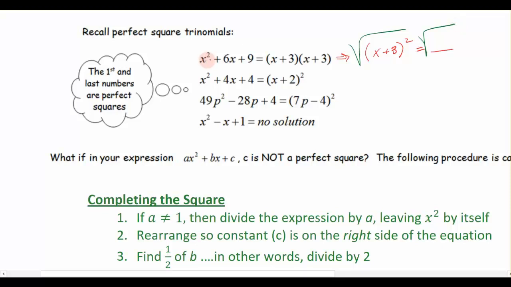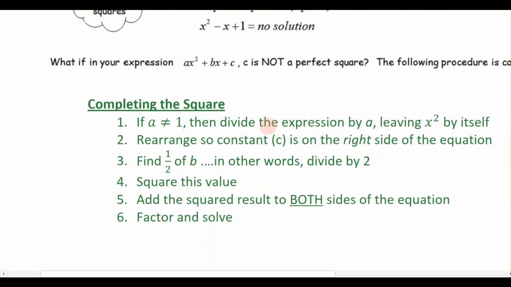Now, these perfect square trinomials are special cases of trinomials, and they don't always exist. So how can I force a quadratic into this form so that I can then apply my square root property? That's really what this is about.